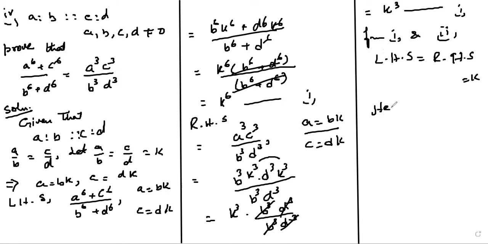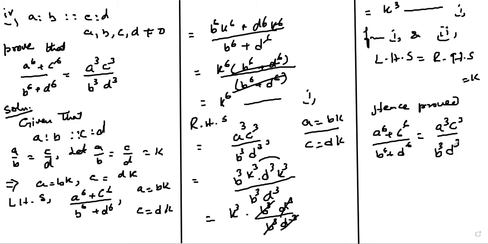Hence proved, A6 plus C6 divided by B6 plus D6 equals A cube C cube divided by B cube D cube, right? Which proves our question, and I hope that you understand it well.